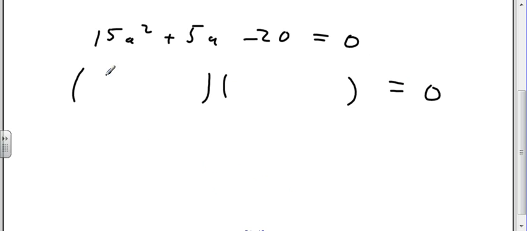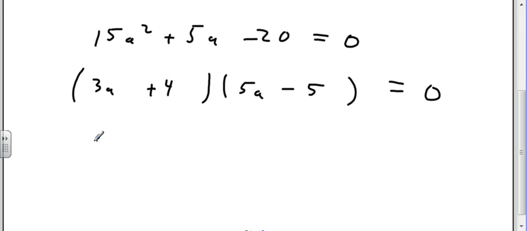3a, 5a, 5 times 4, 4 times 5 times 3. Okay, so if I go minus 4, minus, I go plus 4 minus 5. 20 minus 15.